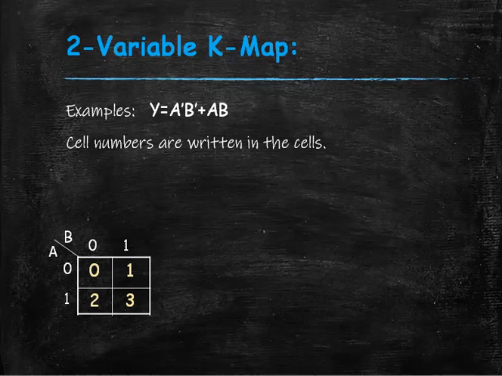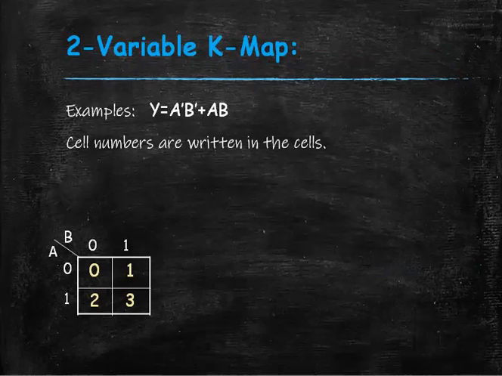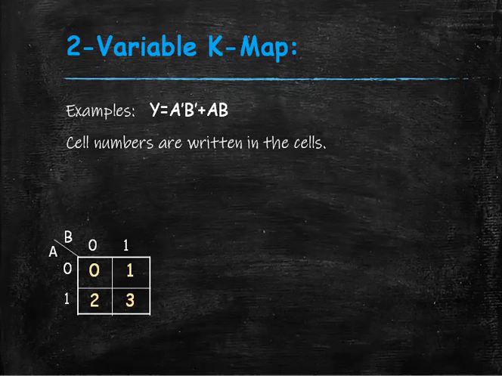There are only 2 variables, A and B. We know that it is in SOP form, that is sum of product terms, and A bar B bar is a product term and AB is also a product term, also known as a min term.